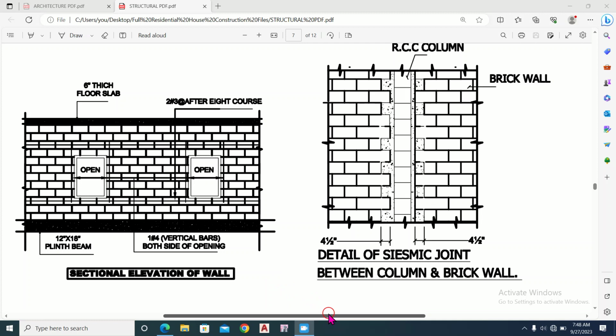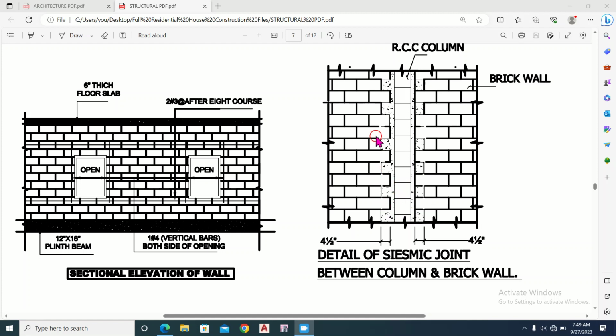So in normal cases, in the RCC frame structure we provide the column, beam and slab, but here we have to first construct this brick wall, and the opening part of the column should be left.